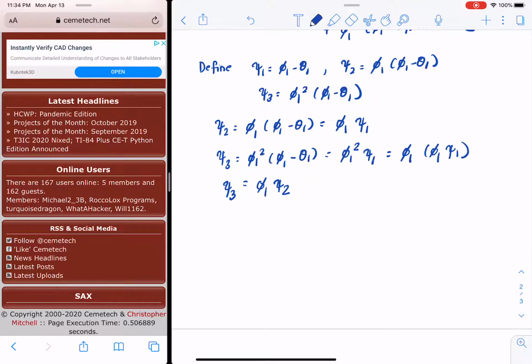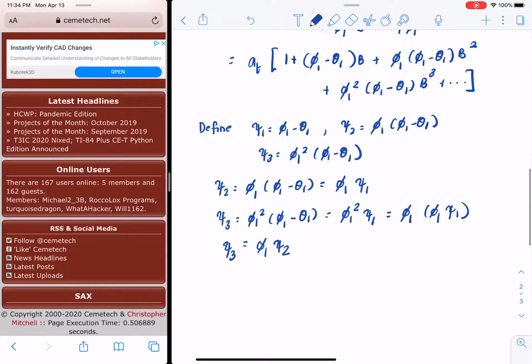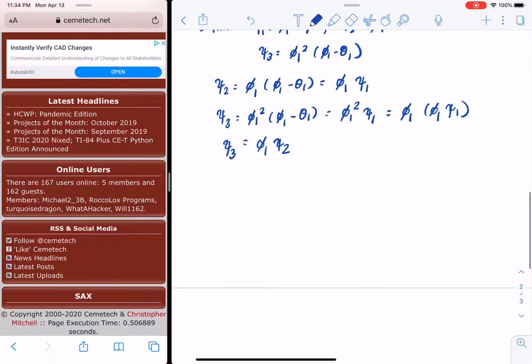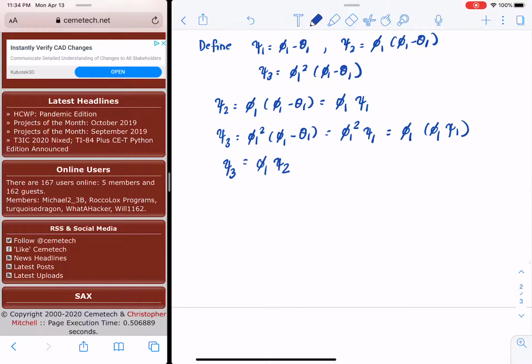Now, if I use induction, we would say that we would have a nice little recursion. So in general terms, we define psi_0 to be equal to 1. It is a definition.